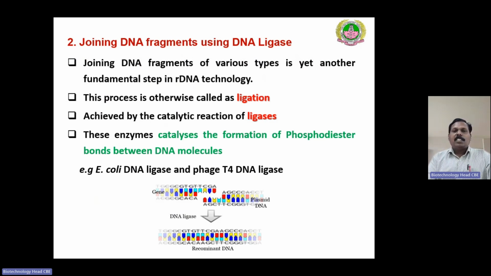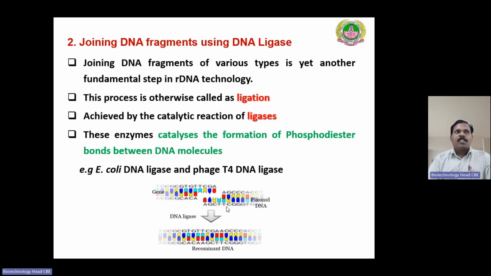Ligation is effected by the catalytic activity of enzymes called DNA ligases. The most commonly used sources are T4 DNA ligase from the phage, as well as the bacterial E. coli DNA ligase. These enzymes make the glue between the broken fragments, joining the two fragments by forming a phosphodiester bond.